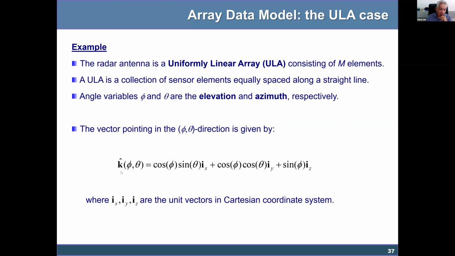The vector k hat can be expressed in this way: cosine phi sine theta, this is the versor along the x direction; cosine phi cosine theta, this is the versor along the y direction; sine phi, i z. So these are the unit vectors, so versors, in the Cartesian coordinate system.